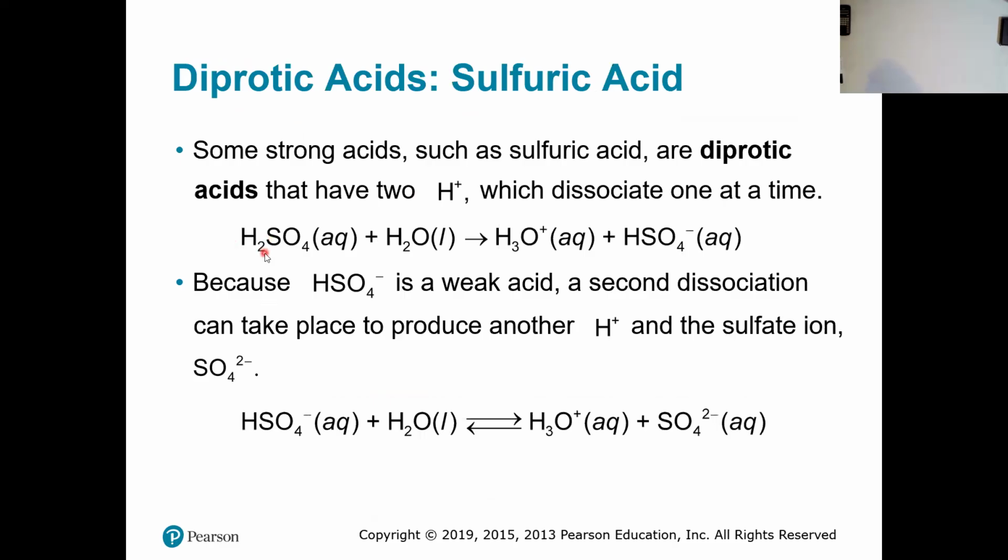Even though it happens in a 2-step process, the H2SO4 is going to separate into H3O plus, which is another way to write down our proton, and HSO4 minus, and then that HSO4 minus will continue to react with water, will release another proton, and will end up as SO4 2 minus. So we start out as H2SO4, and we end all the way at the end as SO4 2 minus. So that means that 2 protons were able to be released over the course of that process.